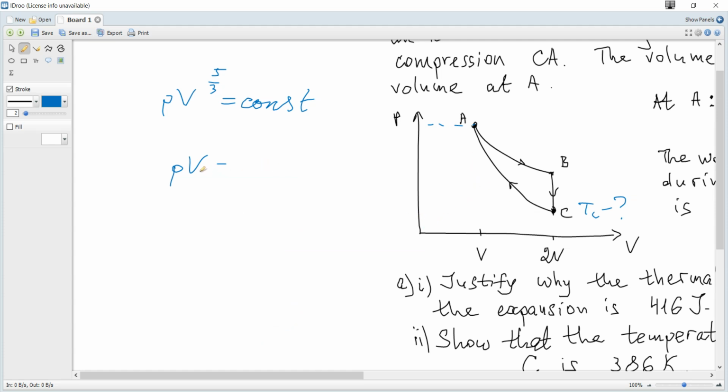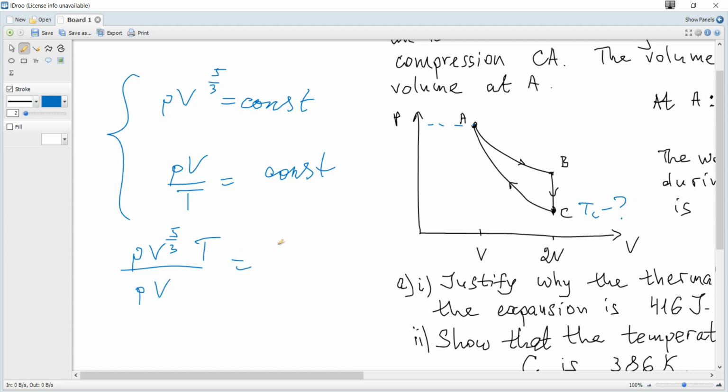Also for any process, provided that mass is constant, PV over T is also constant, and we can combine these two formulas to get an expression in terms of temperature and volume only. It's like simultaneous equations: if we divide both sides, we get PV to the power of 5/3 divided by PV over T is constant over constant.